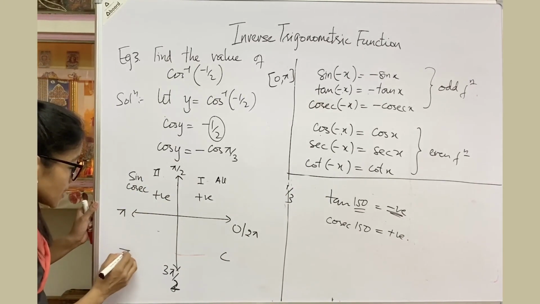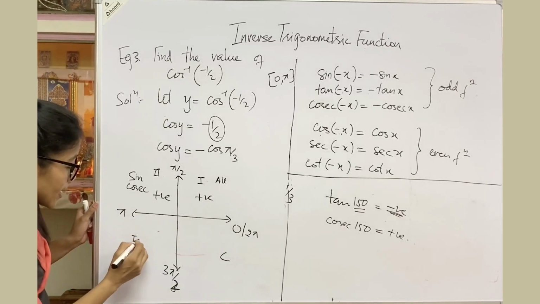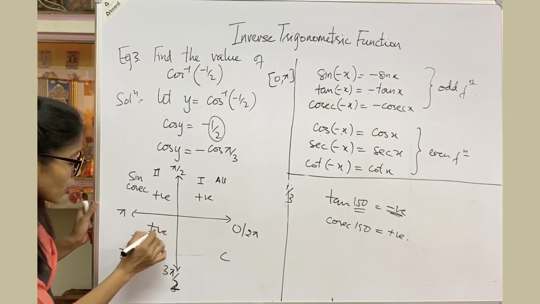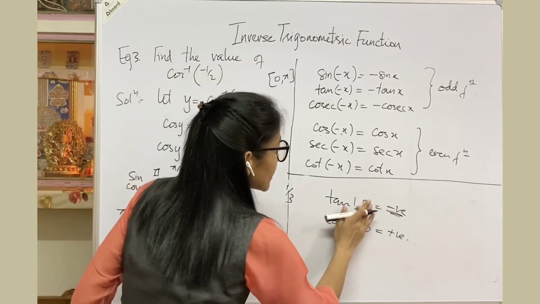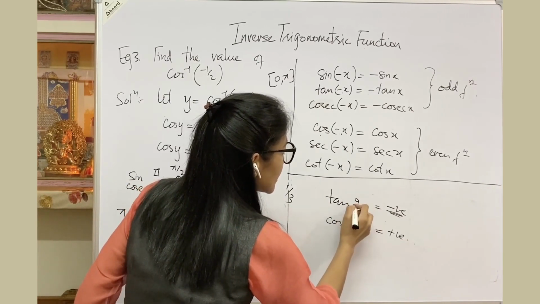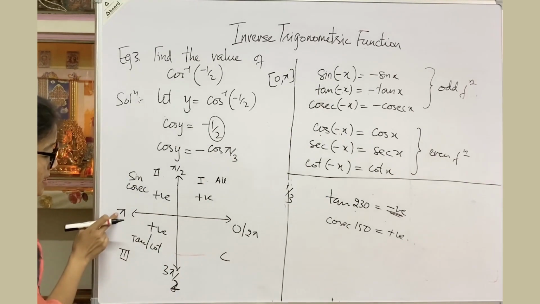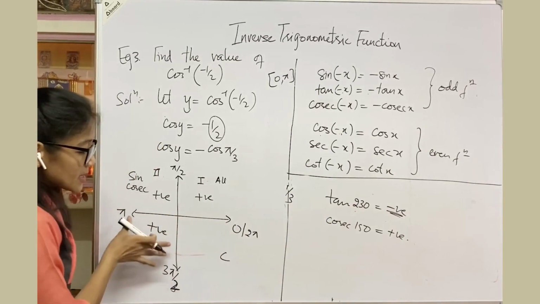In the third quadrant, add sugar, this is 2, tan and its reciprocal cot, these 2 are positive, the rest 4 are negative. Suppose I write tan of 230, this is 180 to 270, so 230 comes in this interval.